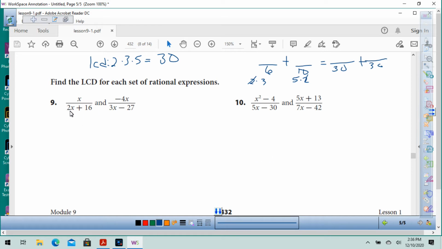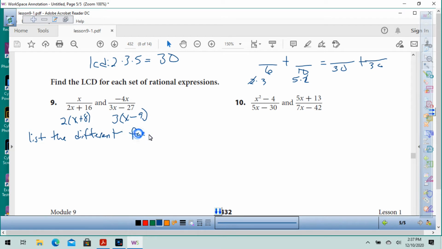Now, let's see here. Let's take a look at here. What do we got here? We're just going to ratchet up a little bit. That's going to be 2 times x plus 8. And over here, we're going to have 3 times x minus 9. Okay, so let's list the different factors.